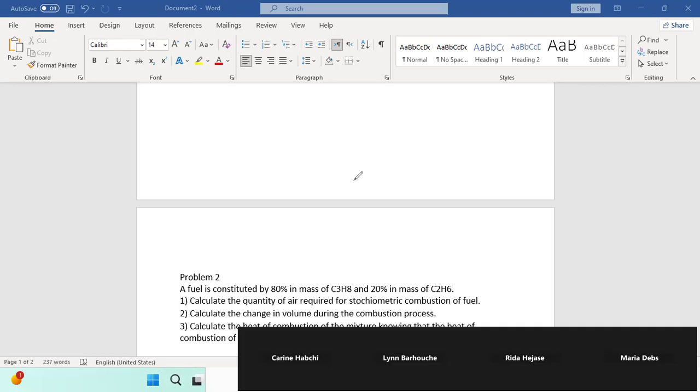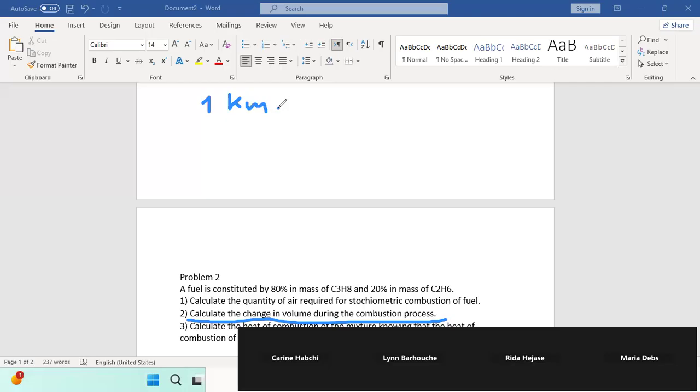Now, the second question is to calculate the change in volume during the combustion process. Whenever they ask me to find the change in volume during the combustion process, this is equivalent to finding the change in kilomole, because we know already that each kilomole of any gas will occupy the same volume.